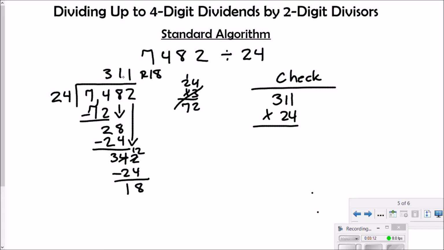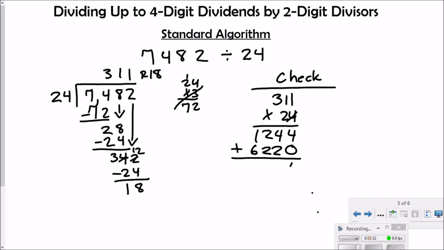What I'm doing here is taking my quotient and my divisor and multiplying them. So 4 times 1 is 4, 4 times 1 is 4, 4 times 3 is 12. Put in your 0 here because now I'll multiply by the 2, which is in the tens place. 2 times 1 is 2, 2 times 1 is 2, 2 times 3 is 6.